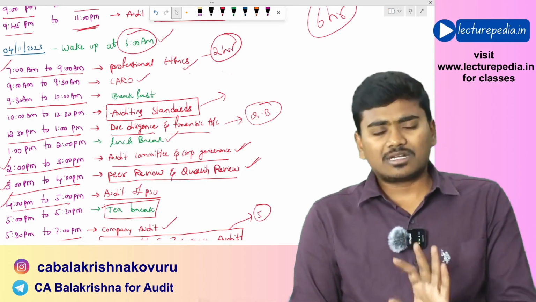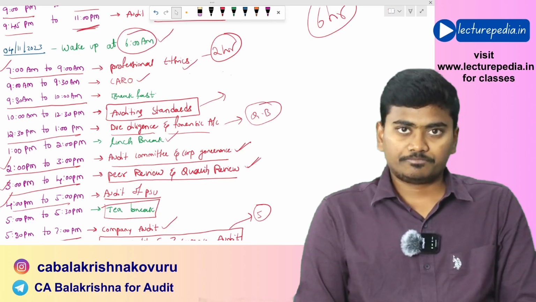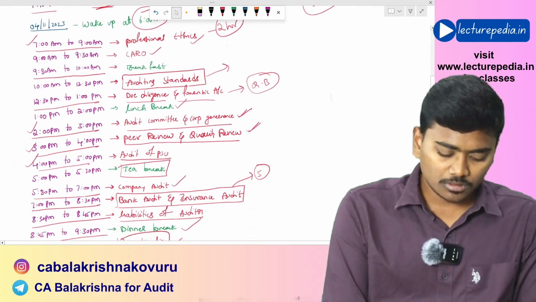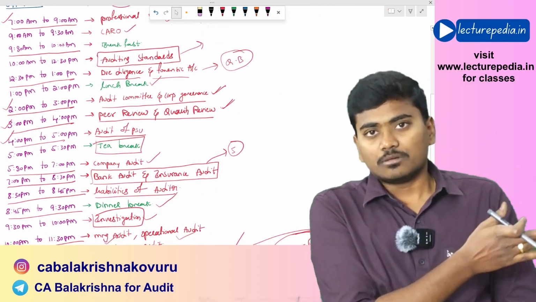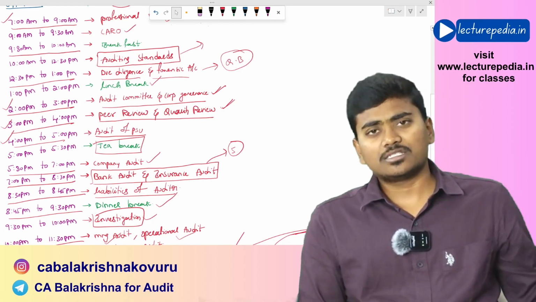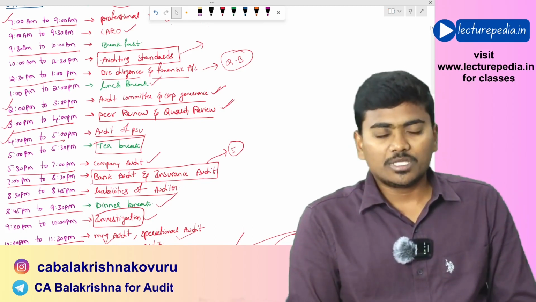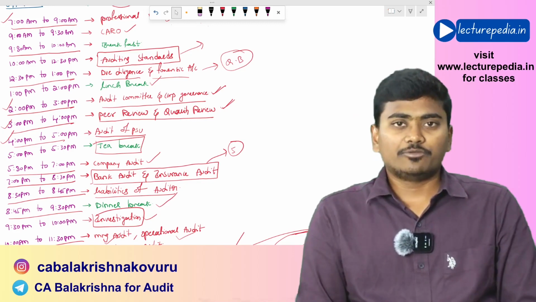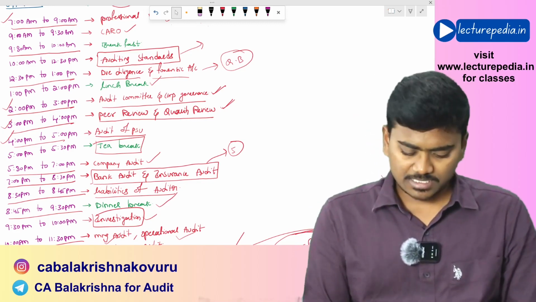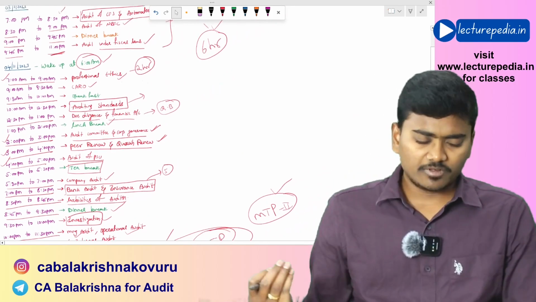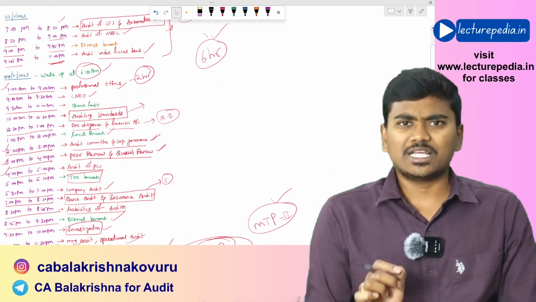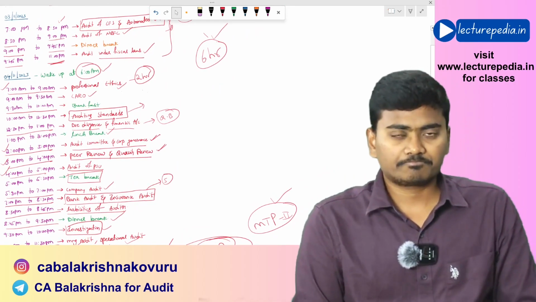Don't worry, try to cover as much as possible. I know, since you have prepared properly for the last 4 or 5 months, you will for sure give your 100%. Just don't waste this 1.5 days. Utilize it as much as possible.